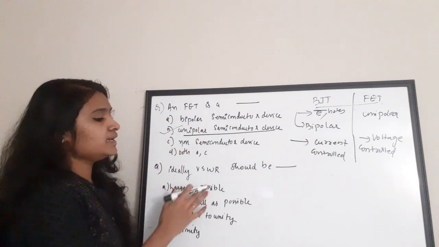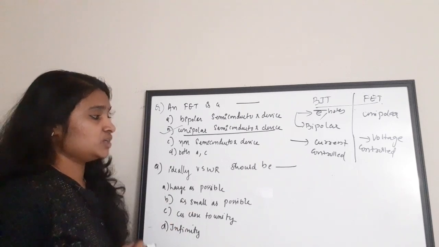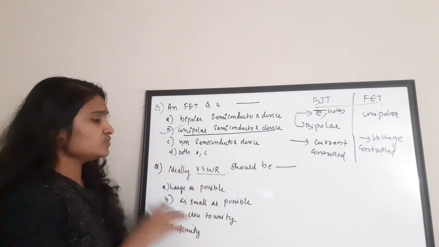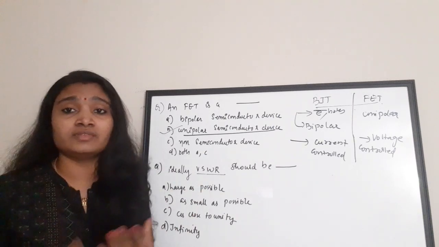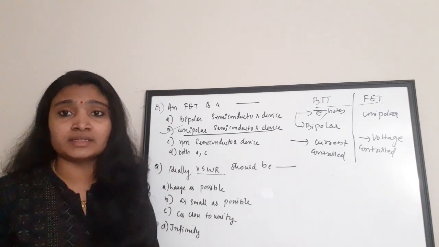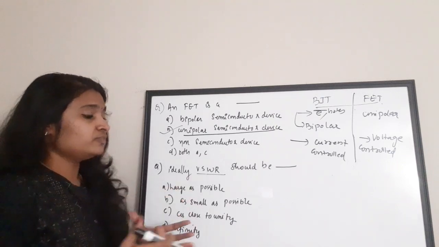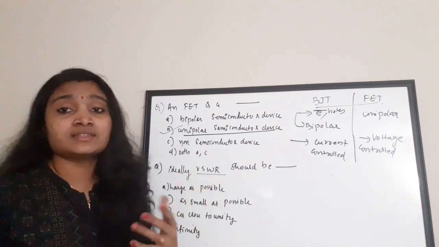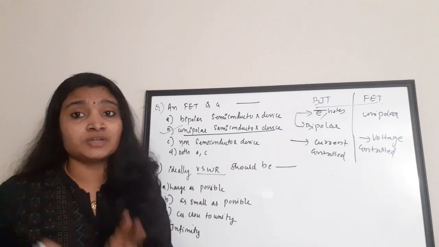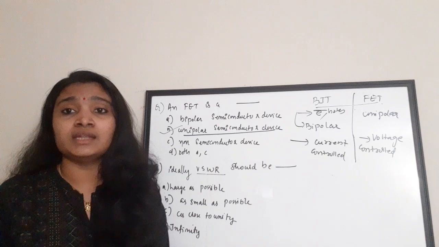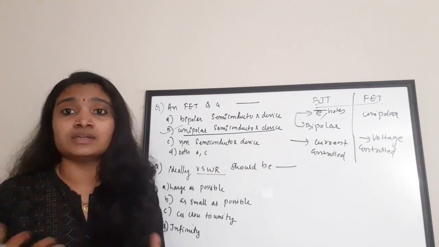Next, ideally the voltage standing wave ratio, that is VSWR, should be dash. VSWR is a term we discuss in electromagnetic theory and also in microwave engineering. I have explained a lot about VSWR, especially in a dedicated video on VSWR, and also while explaining many questions in ISRO technical assistant and scientist videos.